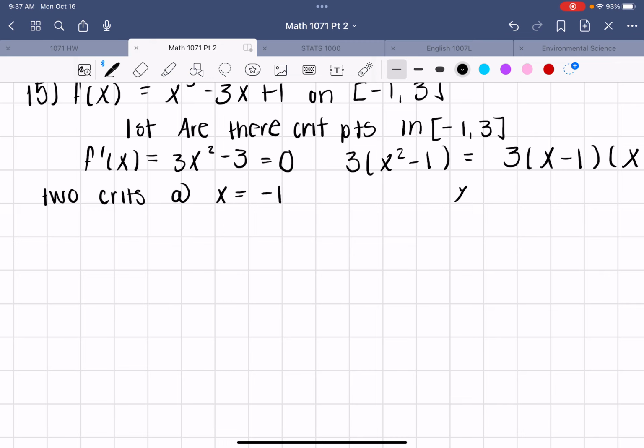Notice they are both in my interval from -1 up to 3. So in fact, the endpoint that I'd test anyway is also a critical point. So it's really a candidate. Now what I do is evaluate my candidates.